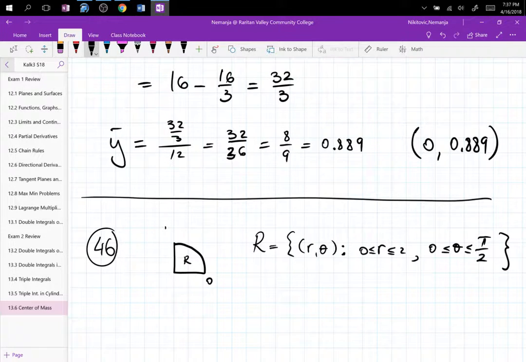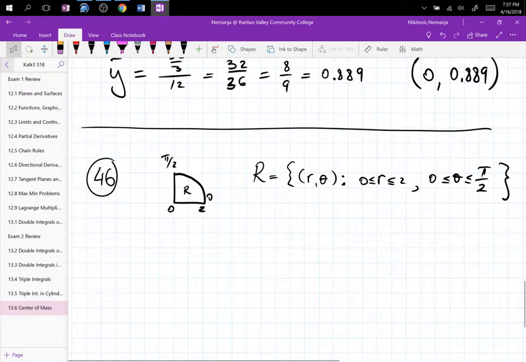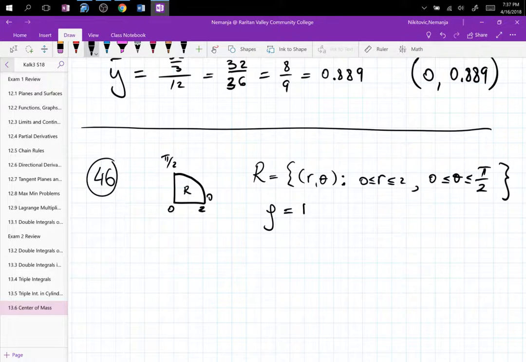So this is where the 0 is, where the pi over 2 is, and this is where 2 is as the radius. So now, again, it's going to be uniform density, so rho is going to be 1. Now this rho also needs to be in polar coordinates. If you have a rho in rectangular and the integral is in polar, you have to convert.